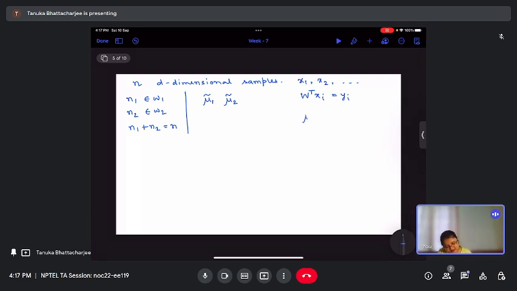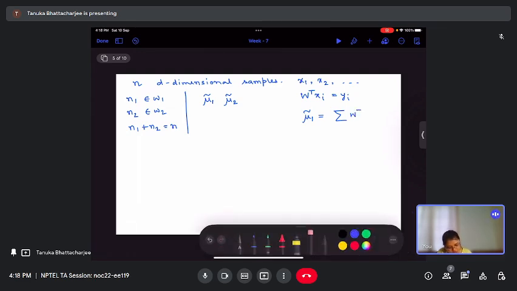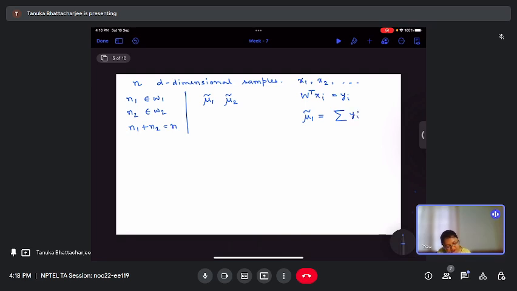So if you write mu1 tilde, that is basically, first writing it in terms of Yi, the summation of Yi where Yi is an element of omega 1, and since there are n1 samples in class omega 1, it will be 1 by n1 times that. So this is mu1 tilde, or the mean of the projected data for the class omega 1.